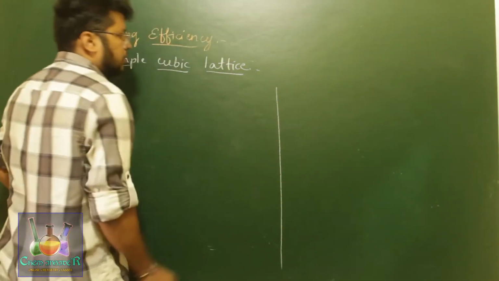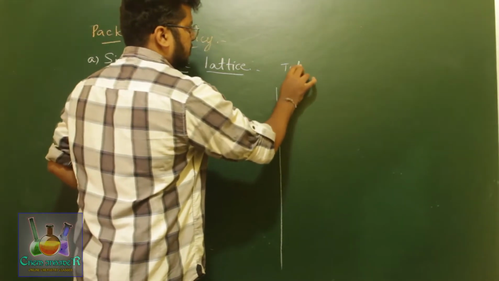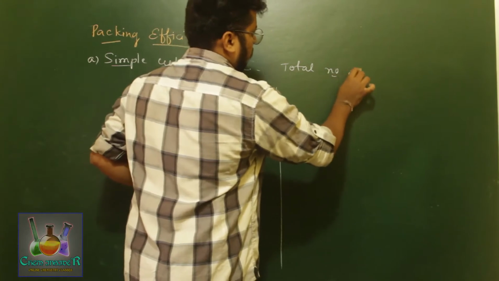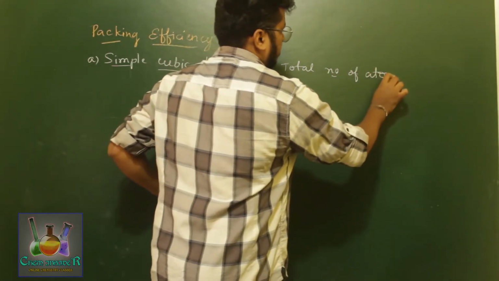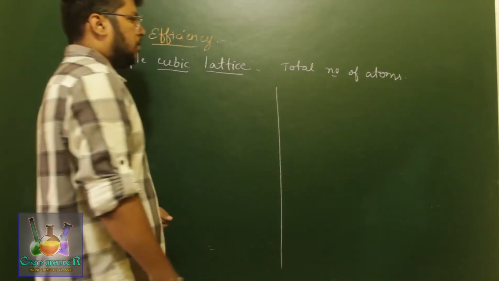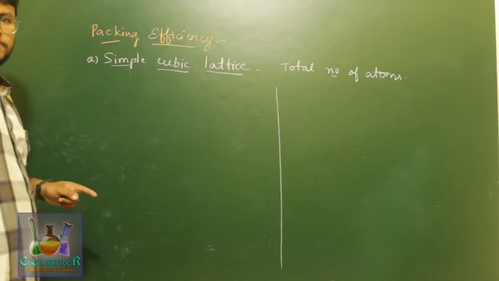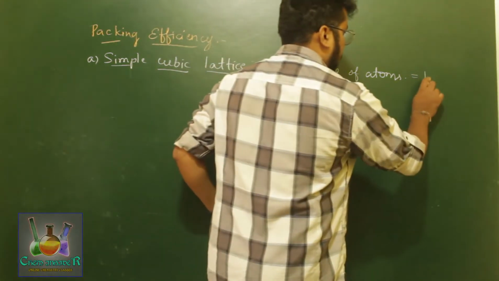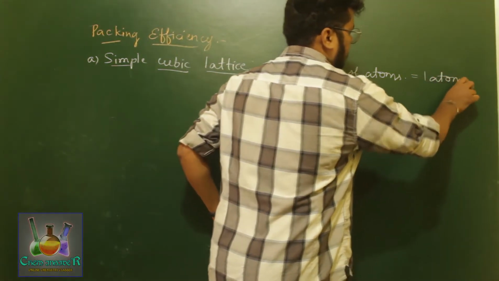The total number of atoms present in a simple cubic unit cell is 1, similar to the primitive type. Therefore it has just 1 atom in it.